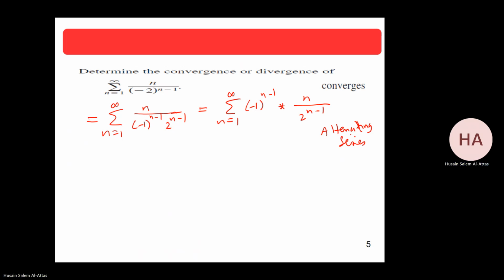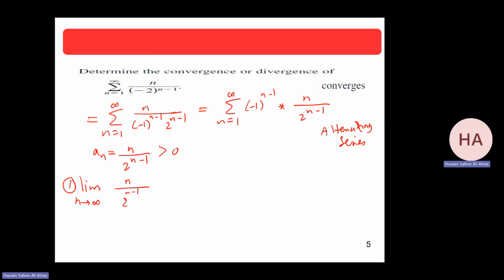Alternating series. What is a_n? a_n is n over 2 to the power n minus 1. Is it positive? Yes, it's positive. So this is an alternating series. Now we need to discuss the conditions for this alternating series. First condition, the limit as n goes to infinity of this, n over 2 to the power n minus 1.